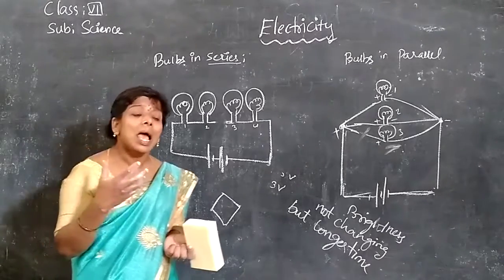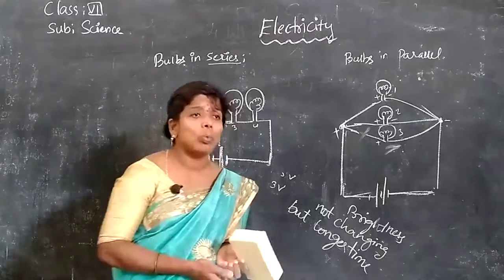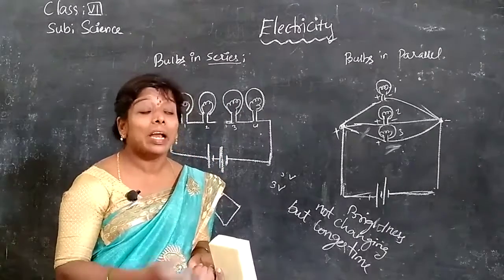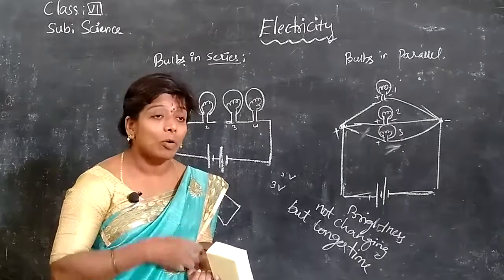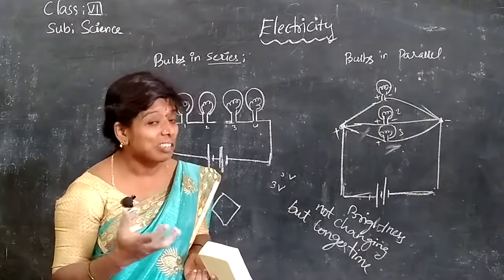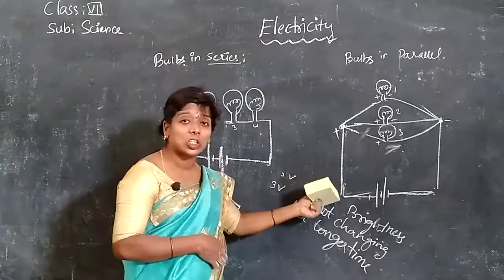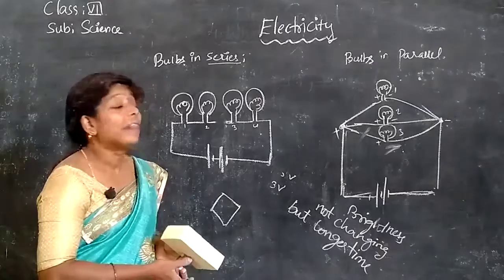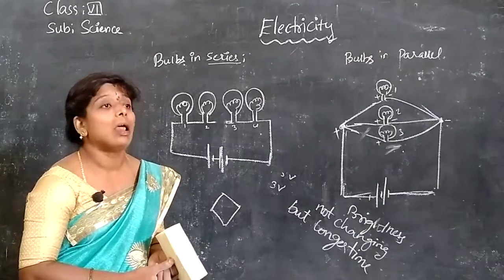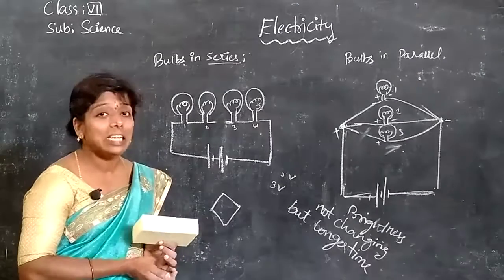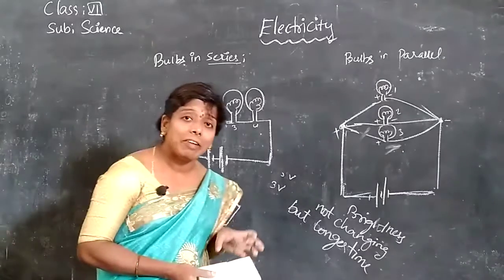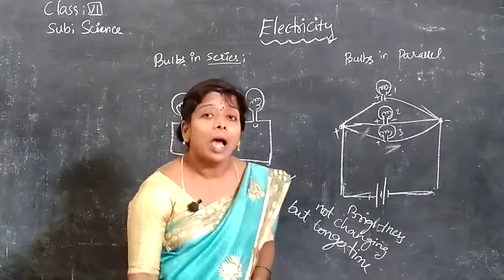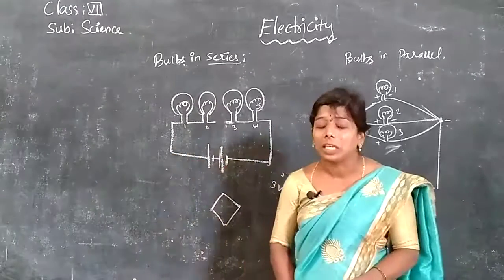Observe the connections in each room: fan, light, bed lamp, different electrical devices, no? Which type of connection are they preferring? Parallel connection. All electrical devices are connected in parallel. We will discuss that deeply, how all electrical devices are connected in your houses, in the next topic. I hope all of you are getting what I am saying. Thank you.